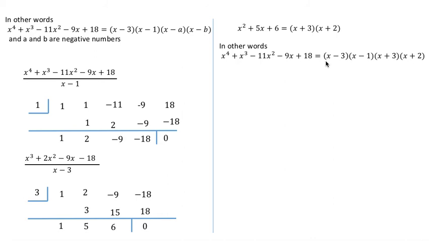Now the question asked me to solve it, so there you go. My solution is x equals -3, this one, -2 from this one, 1 from here, and 3 from here. So that's how you would solve a quartic.